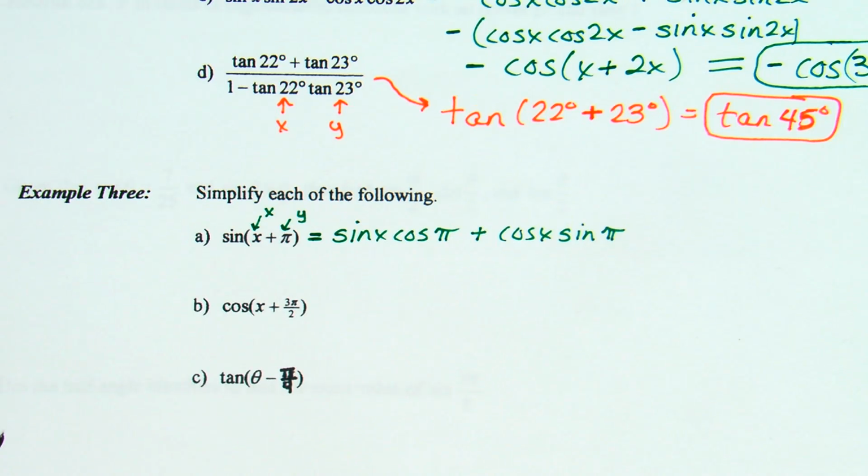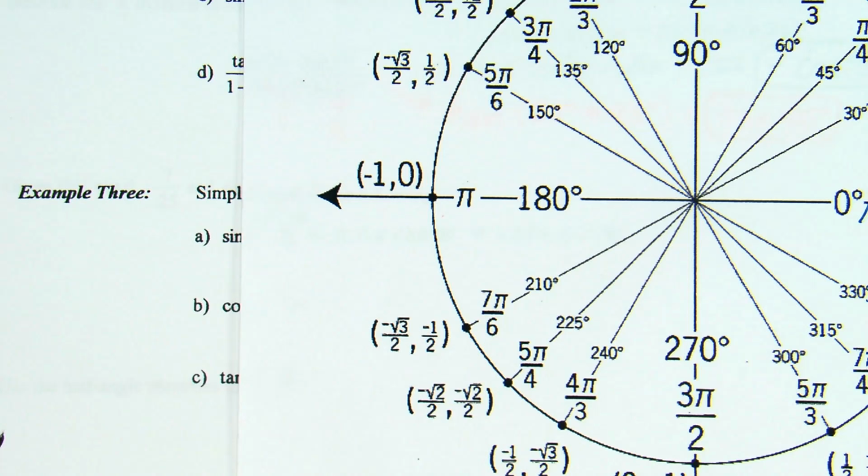Okay. Sine of x, cosine of x. x is a variable. Can't really do anything, can I? But what about pi? Did you grab your unit circle out when you got your chart out today? Do we know anything about the cosine and sine of pi?